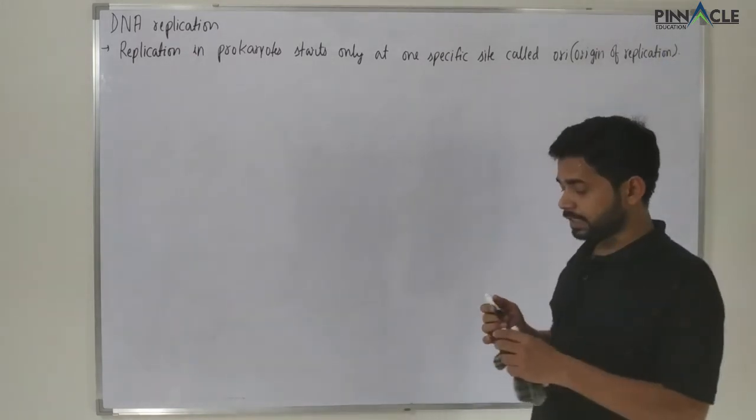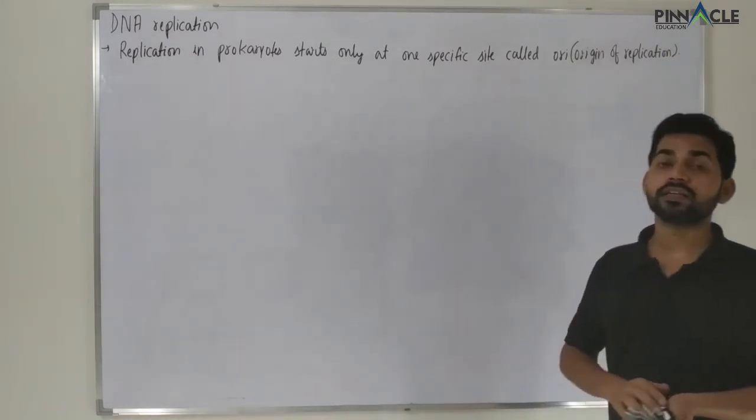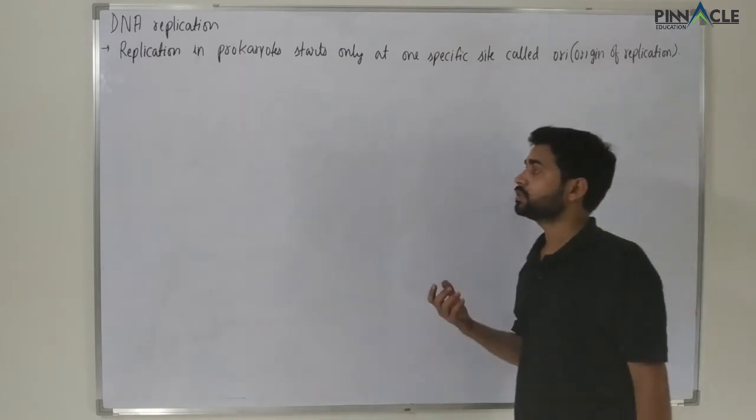The DNA of prokaryotes is circular DNA, and it is double stranded also.